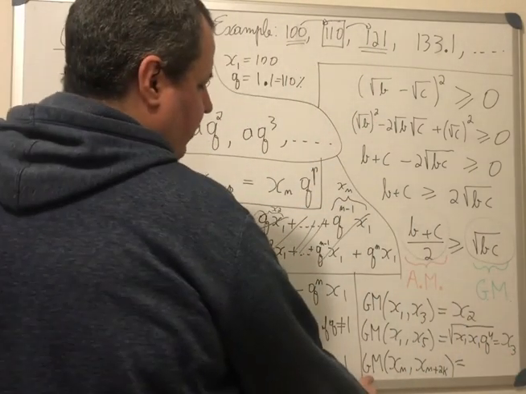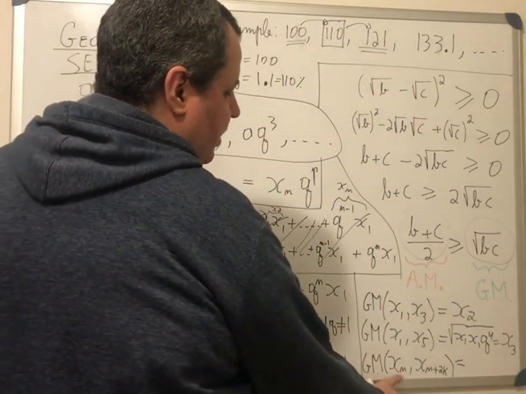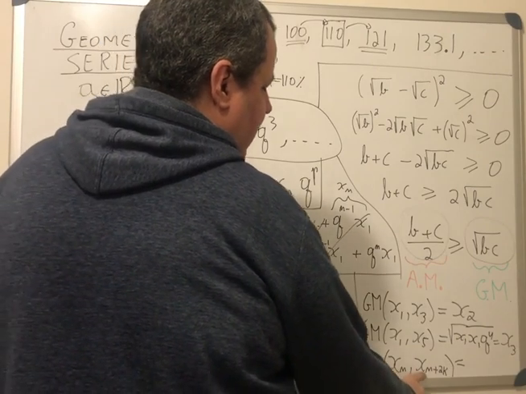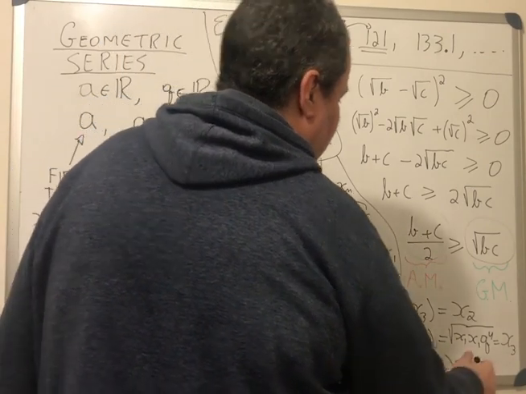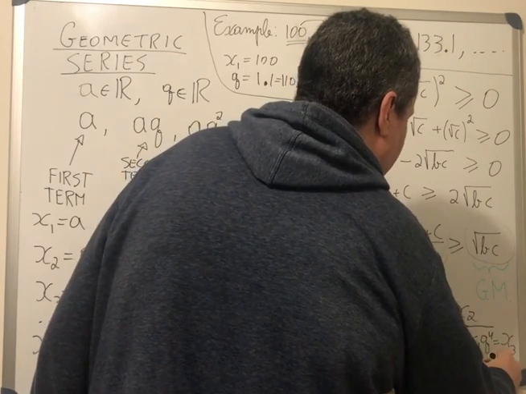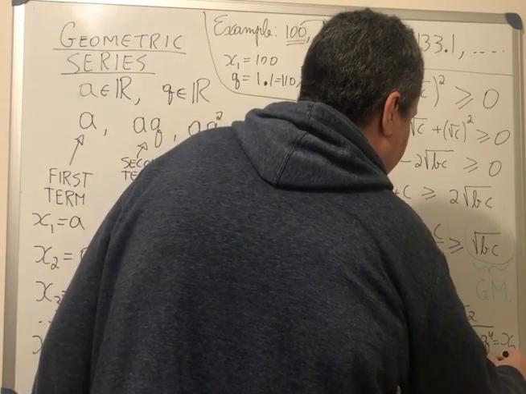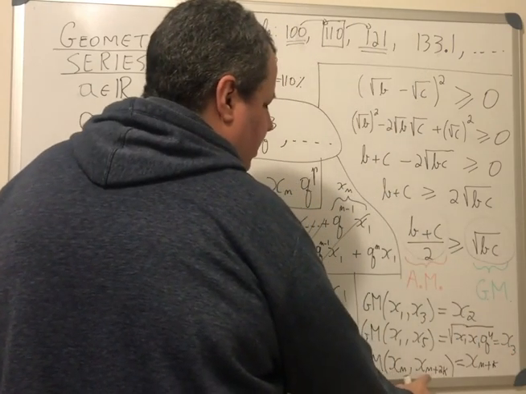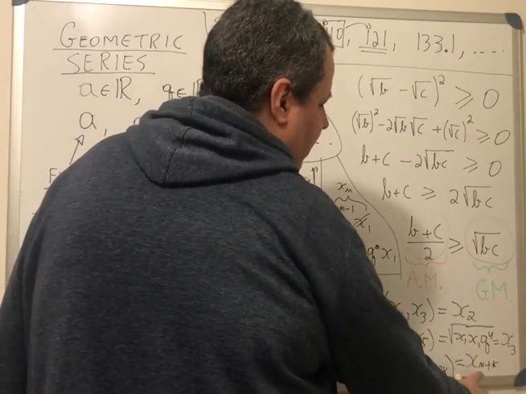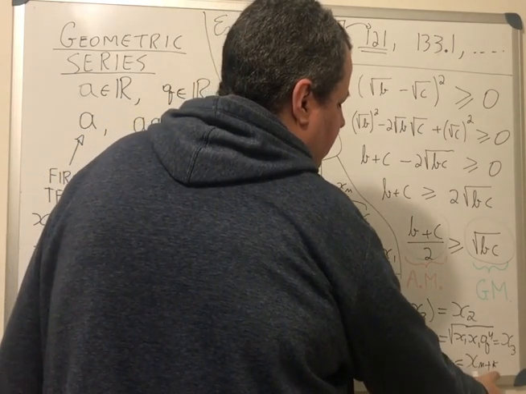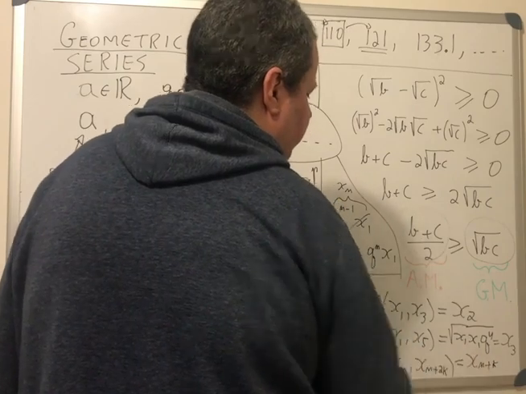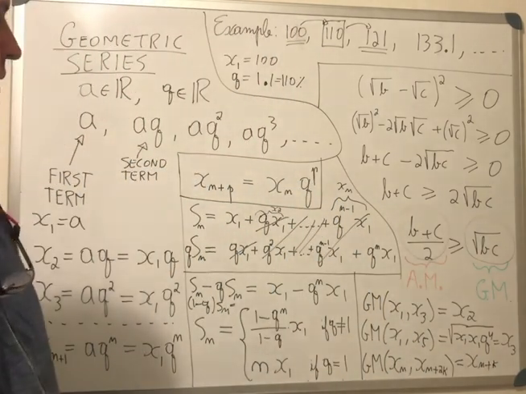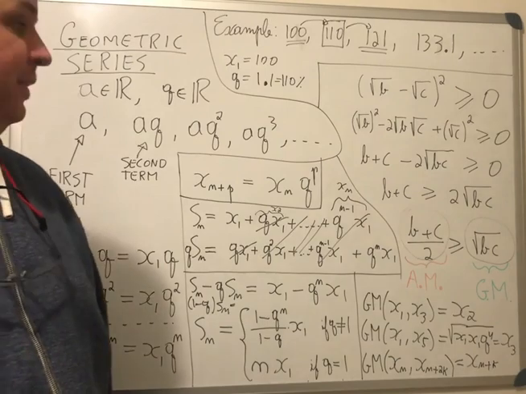In general, if I take the geometric mean of the nth term of a geometric sequence and the (n+2k)th term, I'll have the (n+k)th term, x(n+k). Try to prove this. It's not too hard, hopefully.